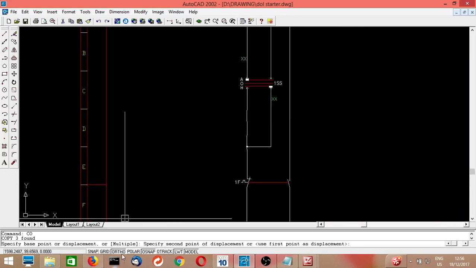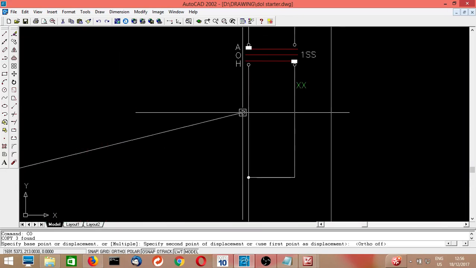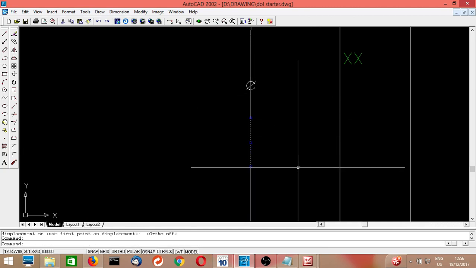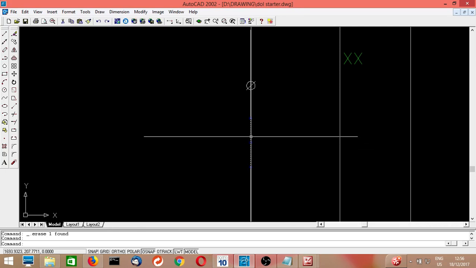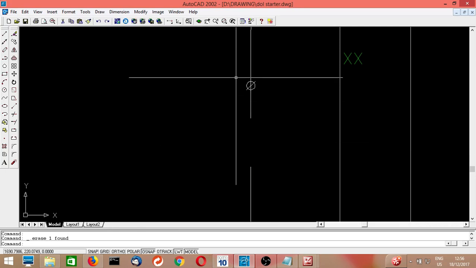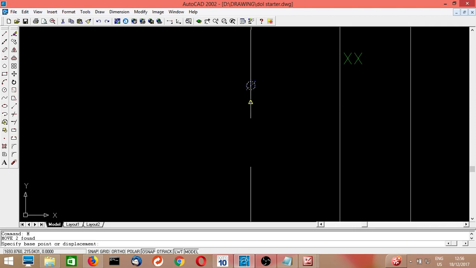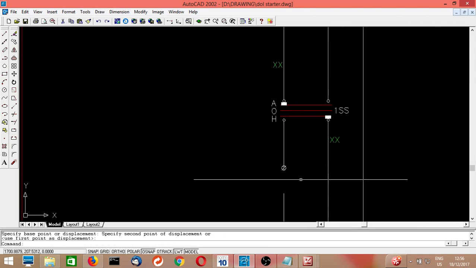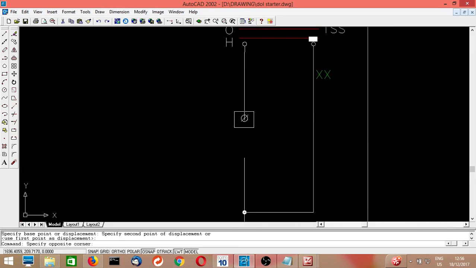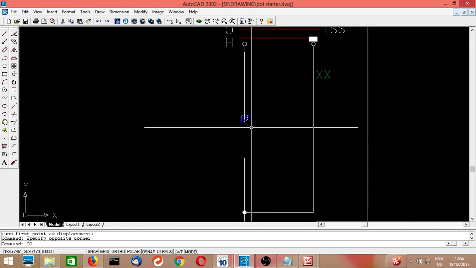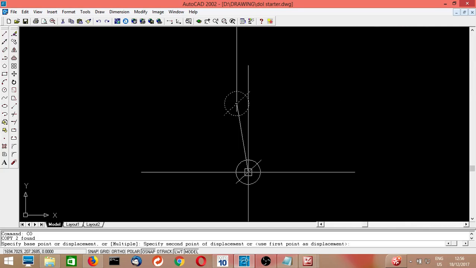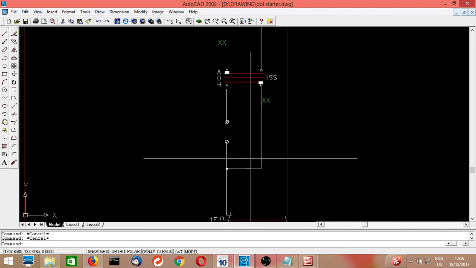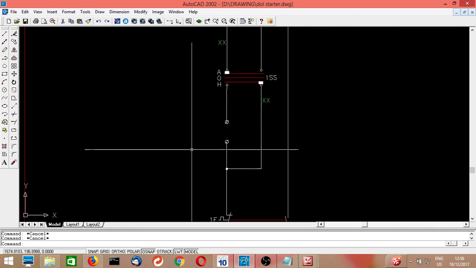This is terminals. We can provide one set of terminals by cutting this line, and people can connect a float switch here.